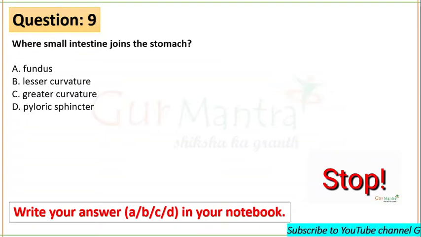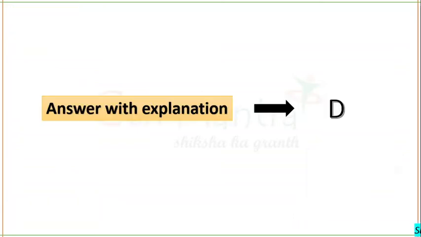The small intestine joins the stomach at the pyloric sphincter. D is your right answer. Next question is on your screens now.